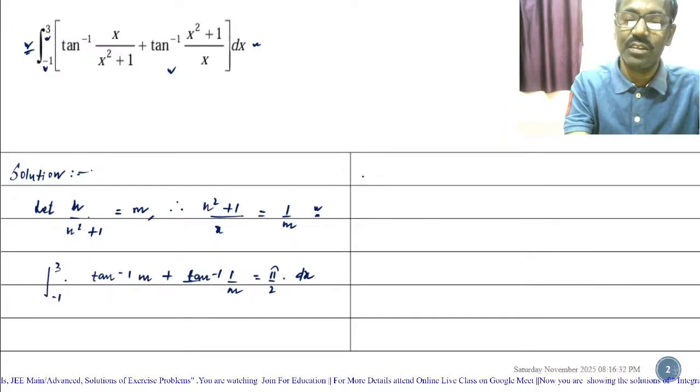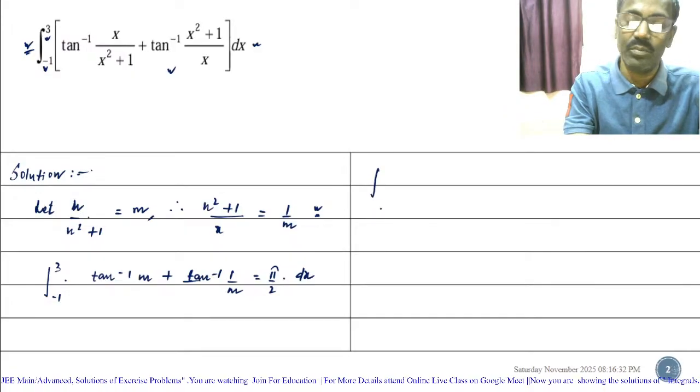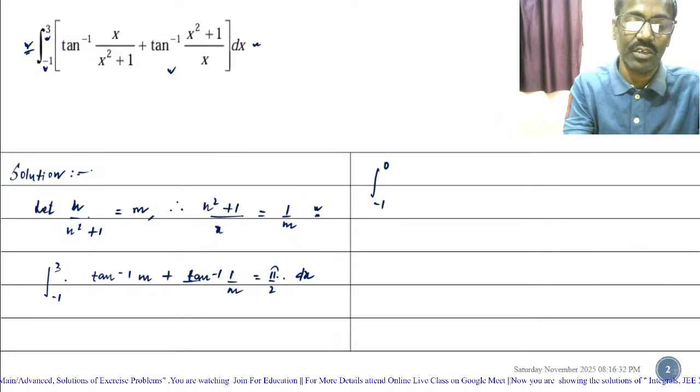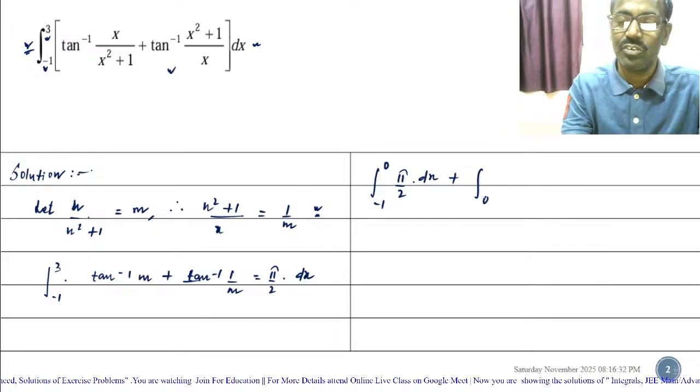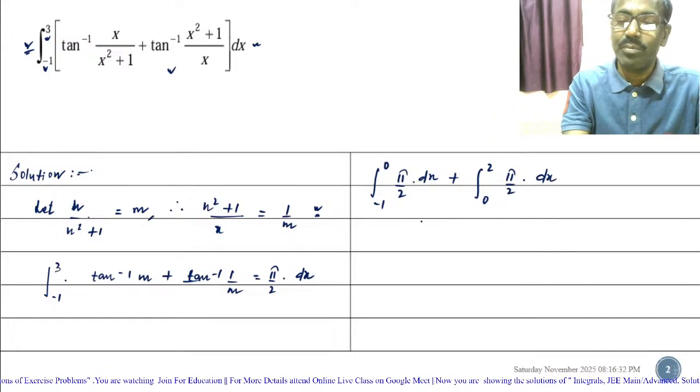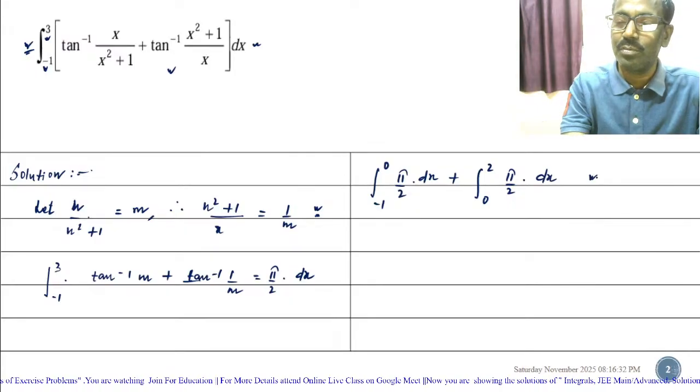So it means that the second step here will be the integral from -1 to 0 of pi by 2 into dx, plus the integral from 0 to 2 of pi by 2 into dx. Hope that there is no problem to understand up to this step.